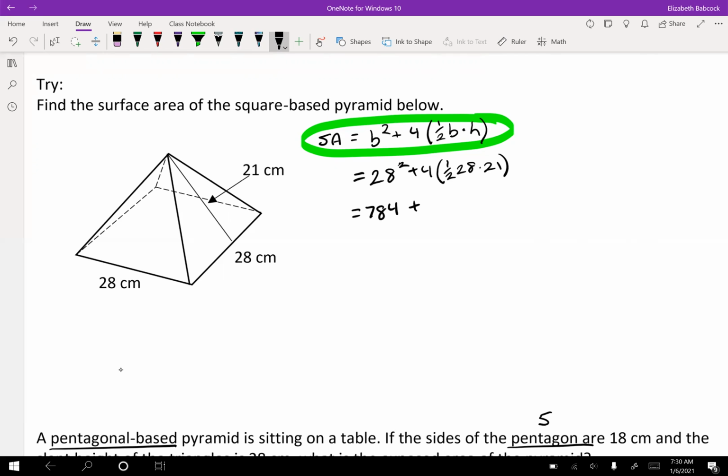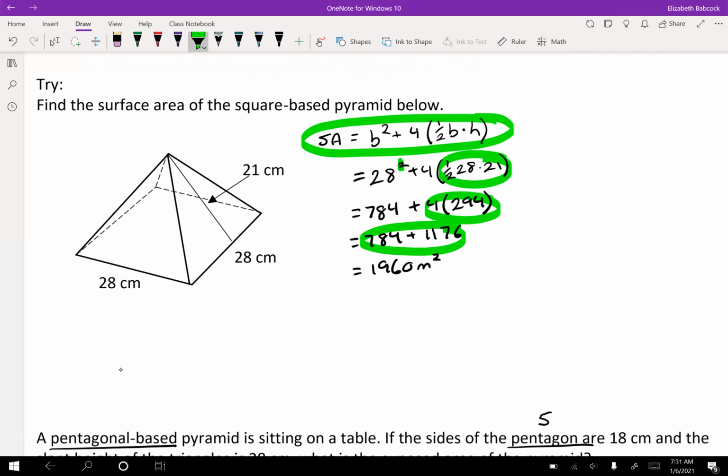And then our 4, we'll do it in steps. 294, 784 plus 1176, 1960 meters squared. So all that happened was I solved my exponent and what was in my brackets. Then I did my multiplication, and then I added together to get my final answer. Okay.